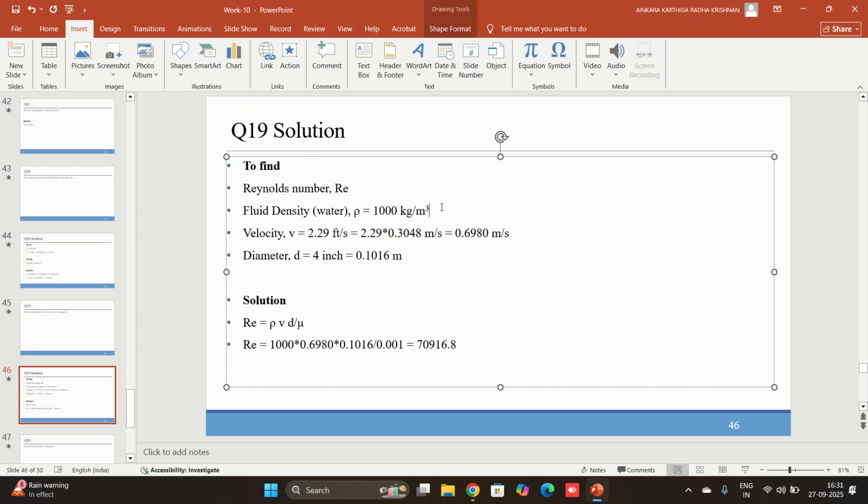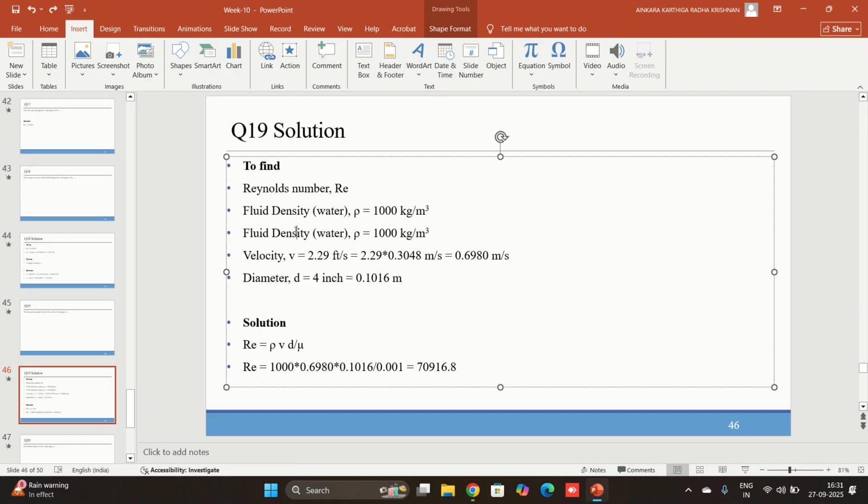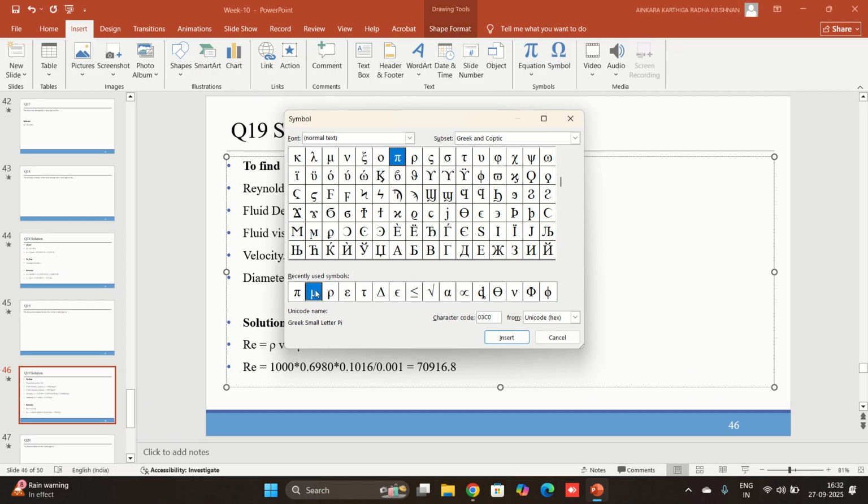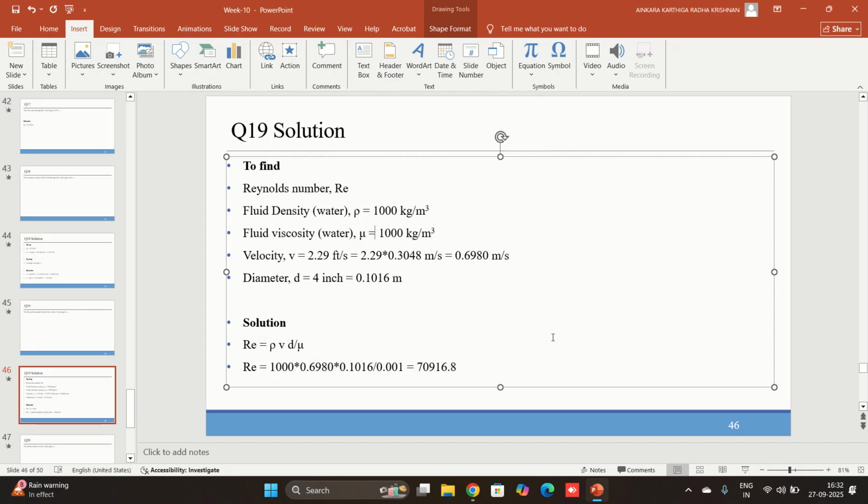And fluid viscosity also I should have mentioned. Mu is 0.001 kg per meter second. So yeah, everything else is direct substitution only.